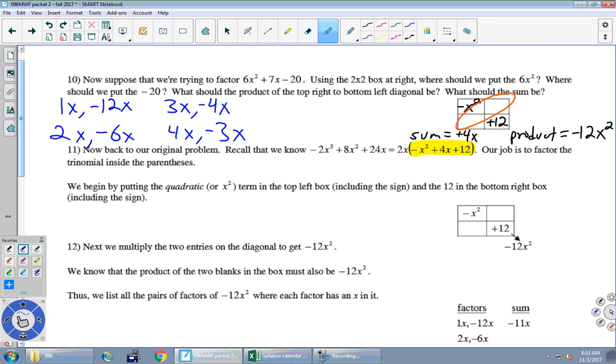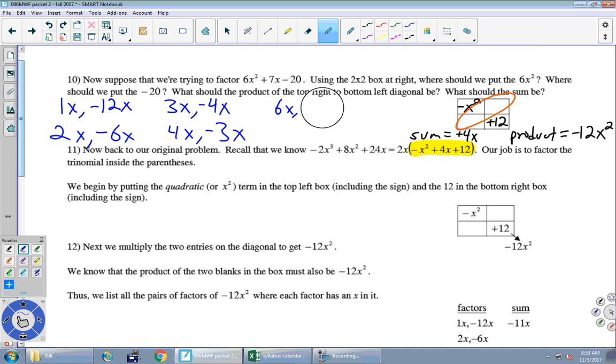Okay, look, I've done 1x, 2x, 3x, 4x. How about 5x? 5x times what to get negative 12x squared? So that one's not going to work, not unless we put a fraction, and we're not going to be putting any fractions. And so you don't do every single one, you just list the ones that work. And so 5x doesn't work. How about 6x? Who's the partner?